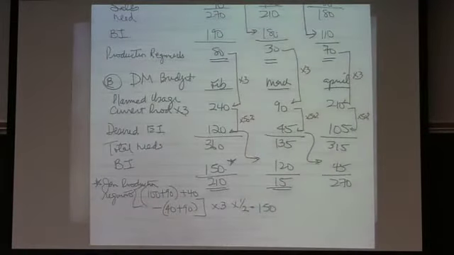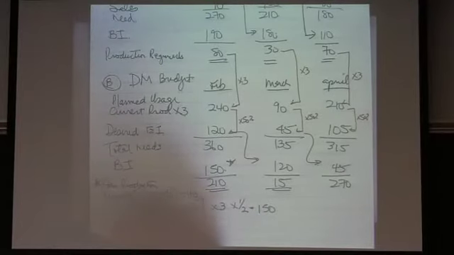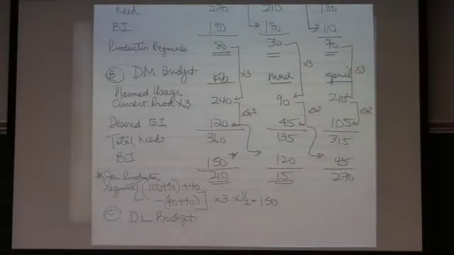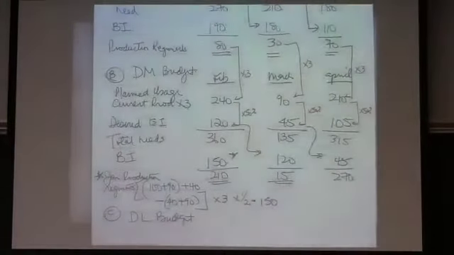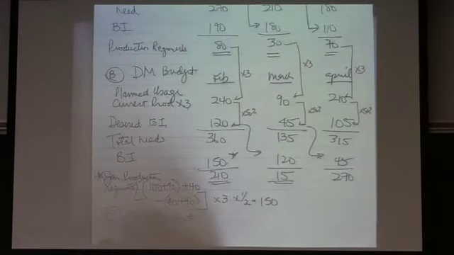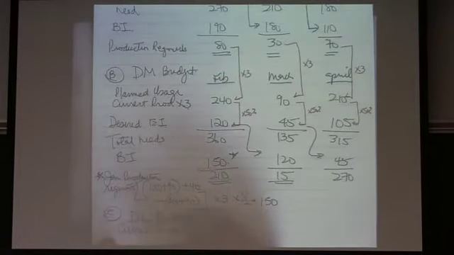Now, for part C, direct labor budget. And what are we told? We're told it's 10 hours, right? 10 hours direct labor per unit. And so, what is the current production times 10 hours?